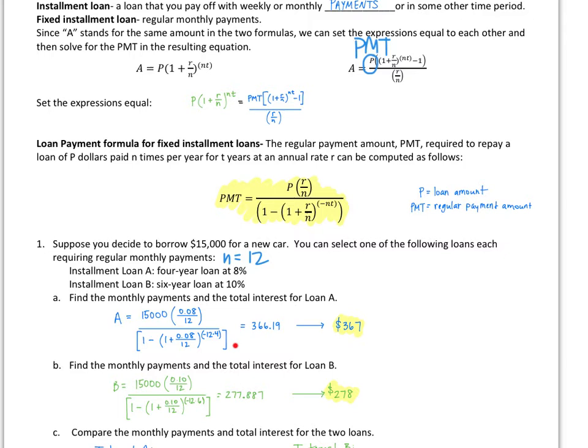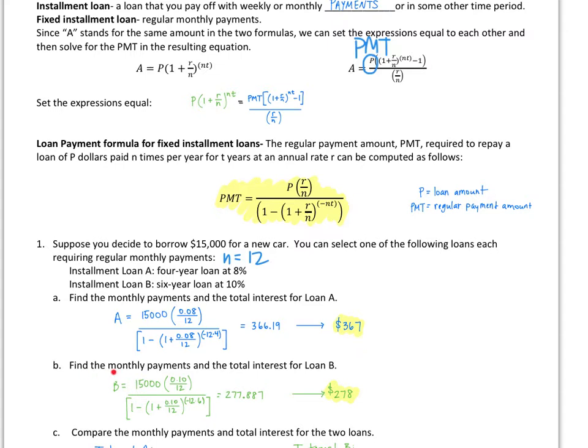Put parentheses exactly where I do. Double check that you get 366.19. To make sure that we're paying off the loan, we are going to round up to the nearest dollar. So we would really be paying $367 per month. That includes the $15,000 that we're borrowing, plus the interest that we are going to owe.